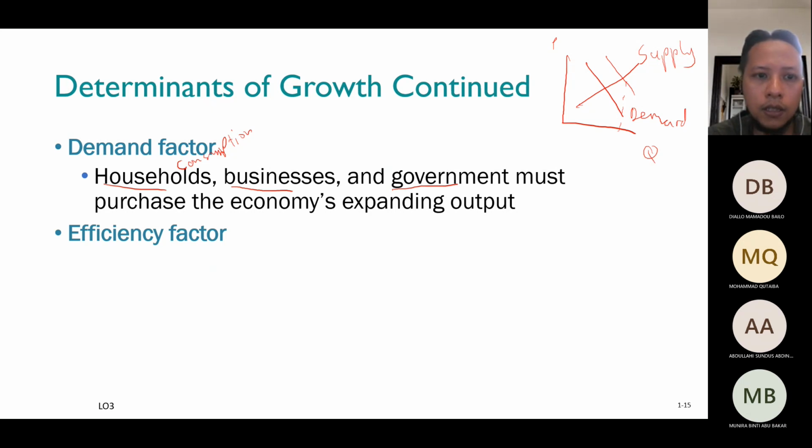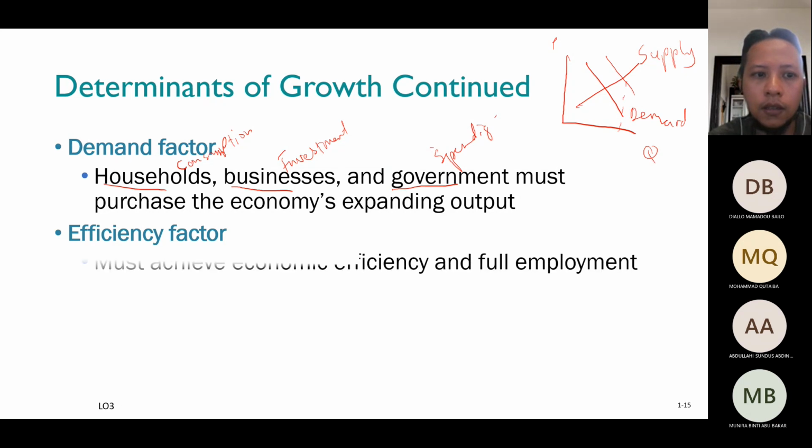Secondly, in terms of investment, this is related to businesses. How much do businesses invest? This can be local businesses or foreign businesses that come to invest in our country. And finally, how much does the government spend? From the tax that they collect, how much do they spend each year from the budget? So these are the demand factors.